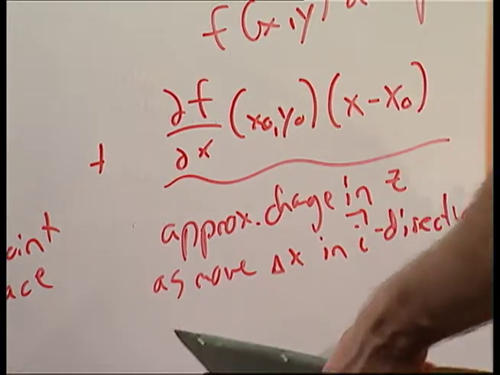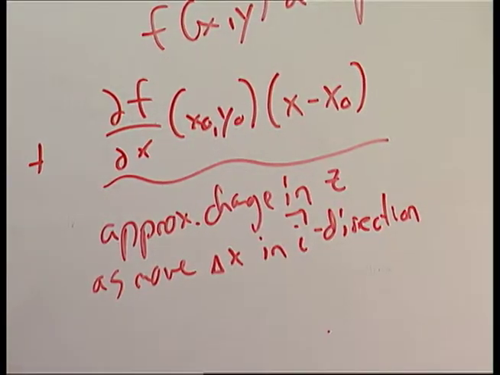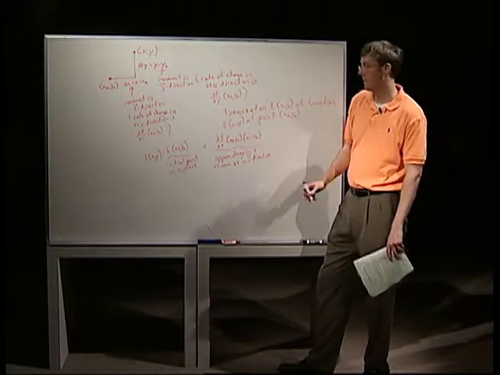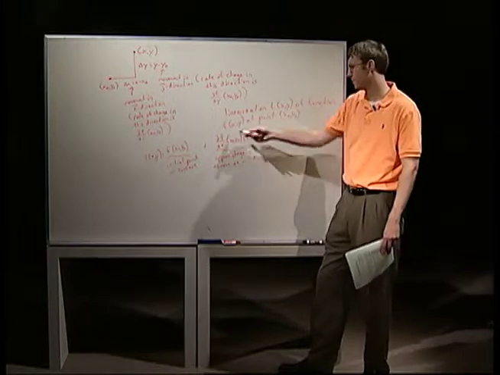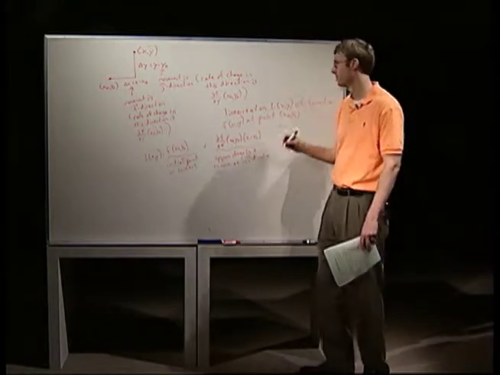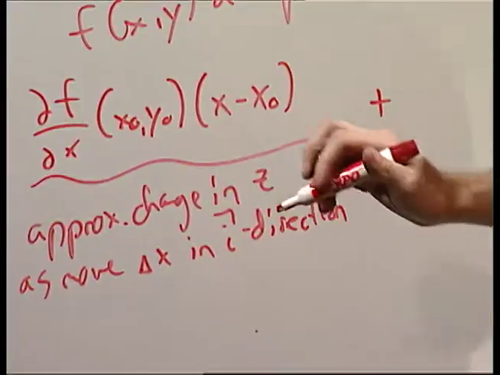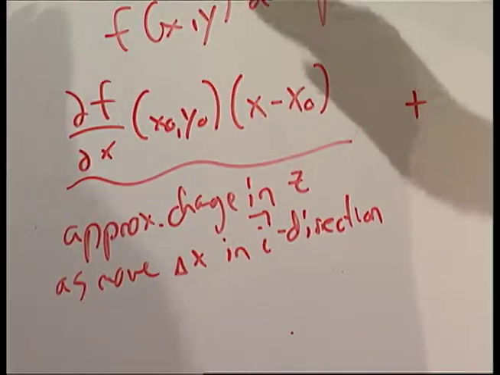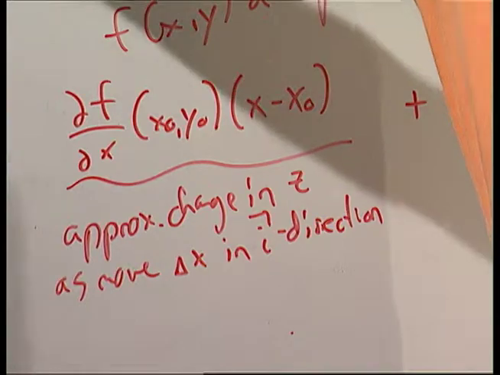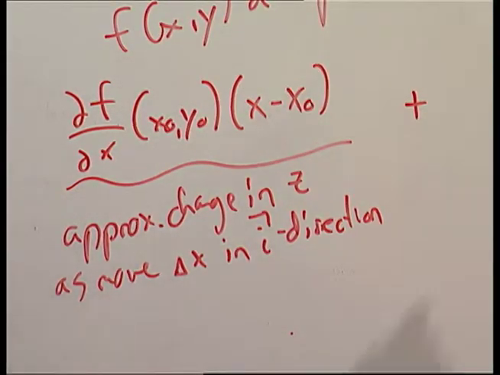In other words, this is the rate of change, and this is the amount you move. If this is pretty small, then the rate of change can stay pretty constant, so this is a pretty good approximation of how far you moved. Similar idea in the y direction: partial f, partial y times a delta y distance.